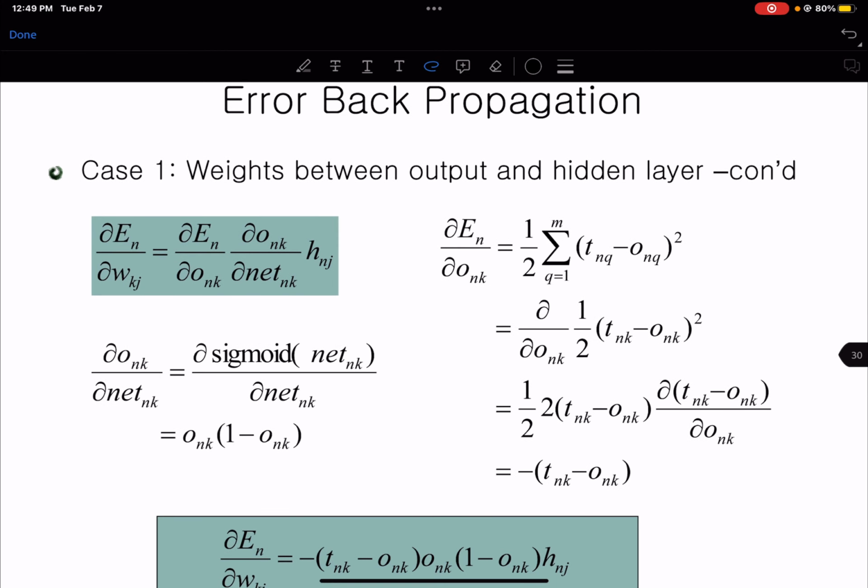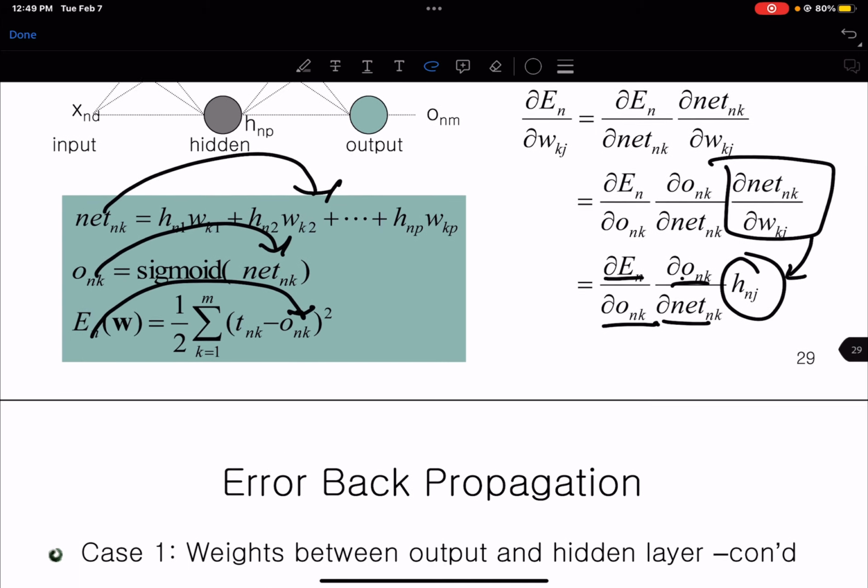So now we are focusing on this part. If we want to take the partial of our output with respect to the net, we can replace our onk with sigmoid of net nk, right?